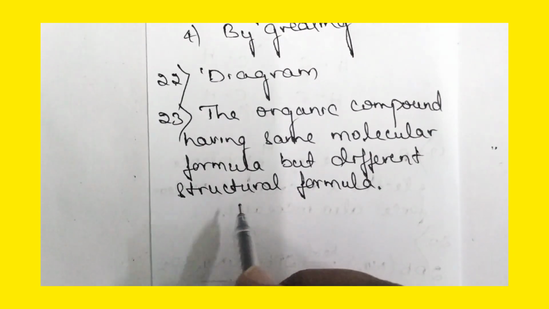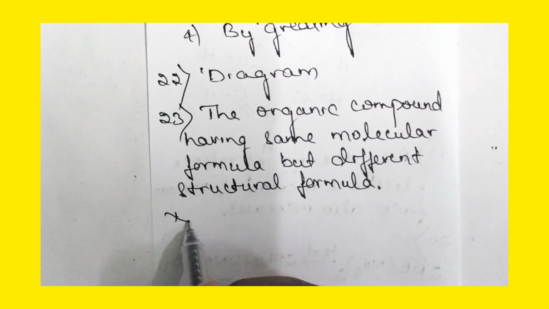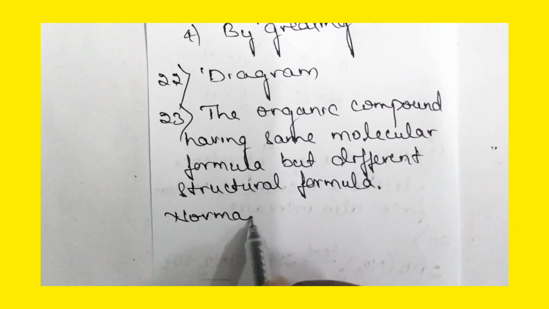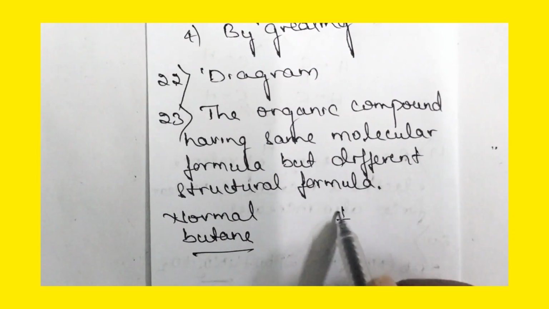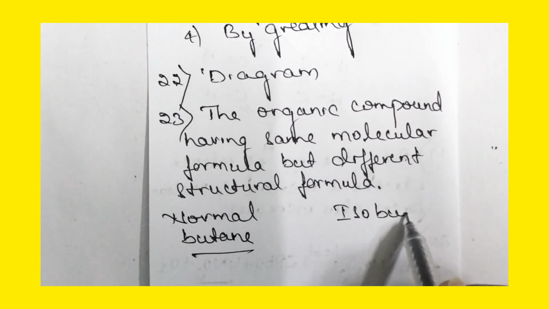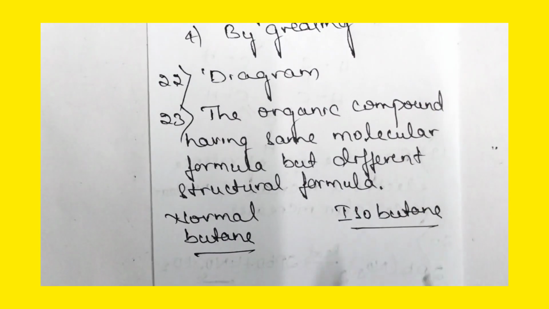Then two isomers of butane. The two isomers of butane are normal butane and isobutane.